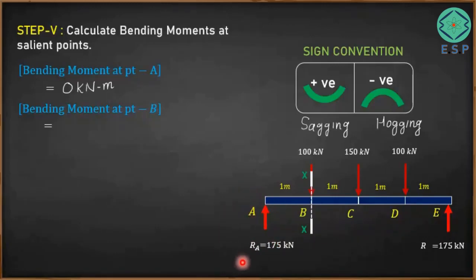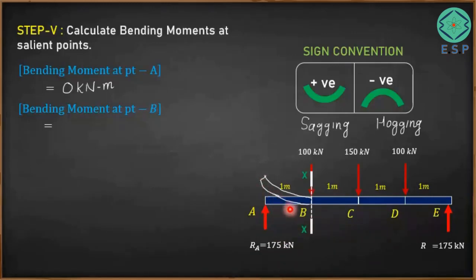Due to application of force 175 kilonewton, your beam is going to bend something like this. This is the bending of the beam taking place due to application of force 175 kilonewton. So the moment of this force at point B is going to be 175 into distance, which is 1 meter.